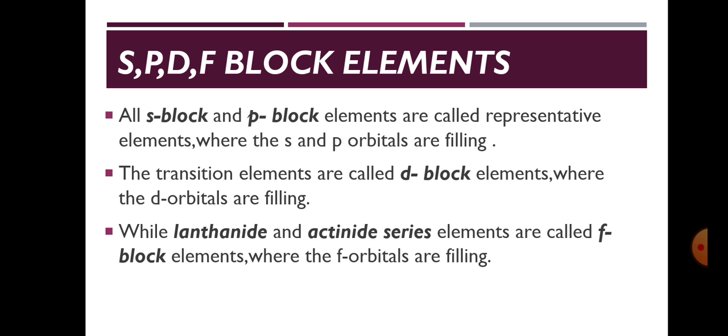We discussed three terminologies: representative elements, transition elements, and lanthanide or actinide series elements. So representative means S block and P block, where the S and P orbitals are filling. Transition metals are called the D block elements, while the lanthanides and actinide series are called the F block elements.